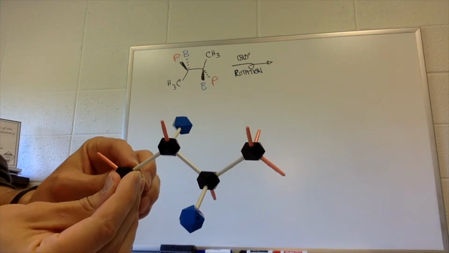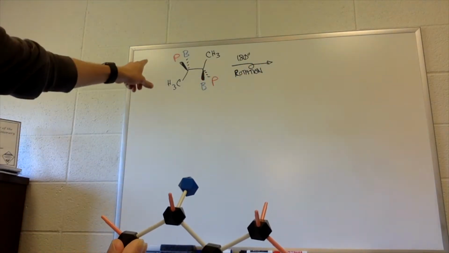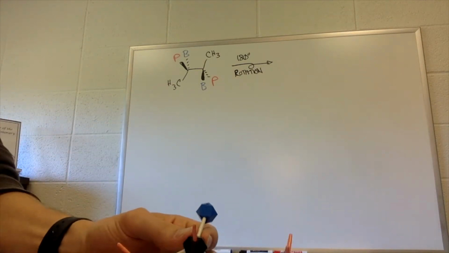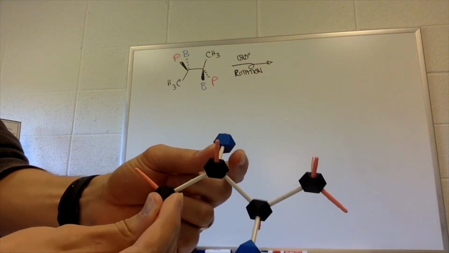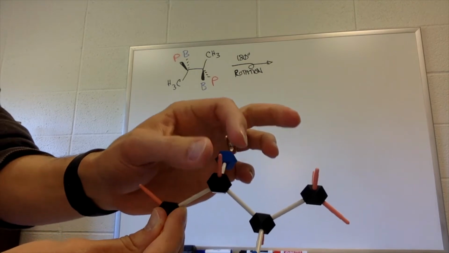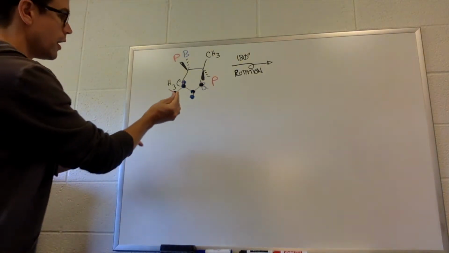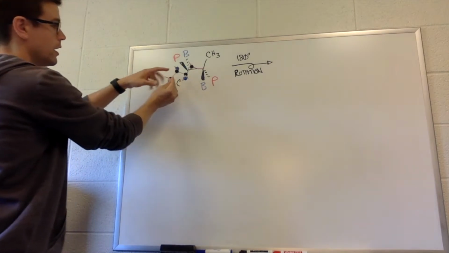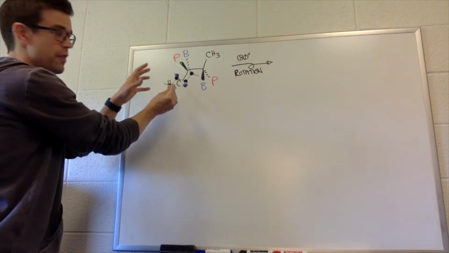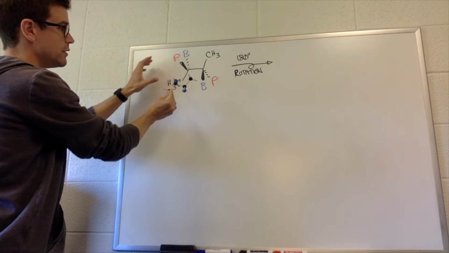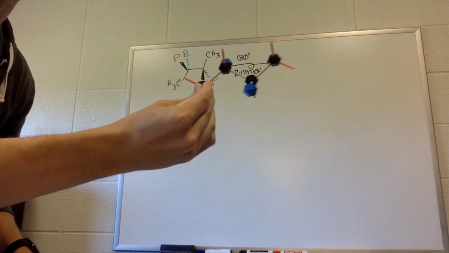So we see the hashed bond up there for this first position is to this blue atom. It's going back while the green is coming out at you with the wedge. So that's how we show the three-dimensional molecule in a 2D format on the board.